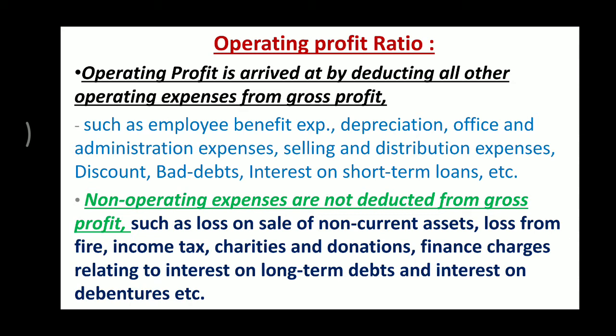These non-operating expenses are not incidental to the business. They are not actual business expenses, because if you go for the definition of expenses, it is a cost incurred for earning revenue.